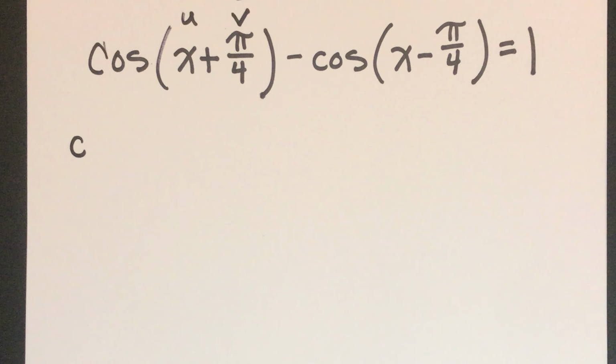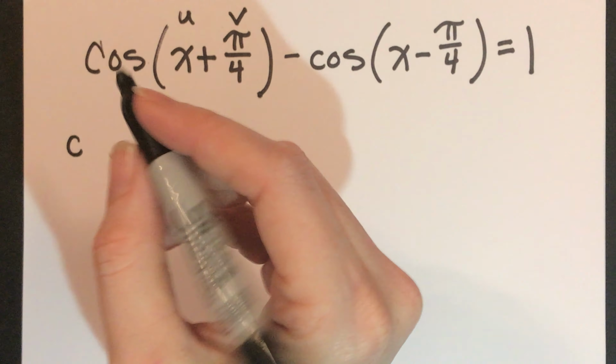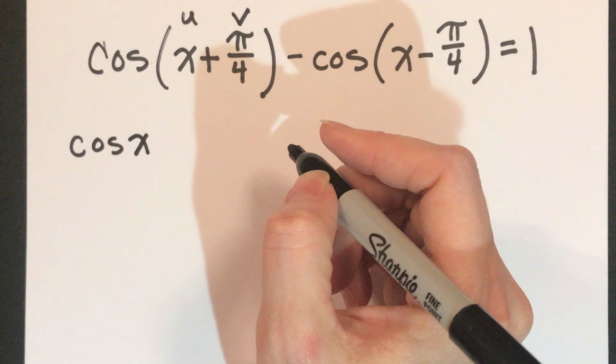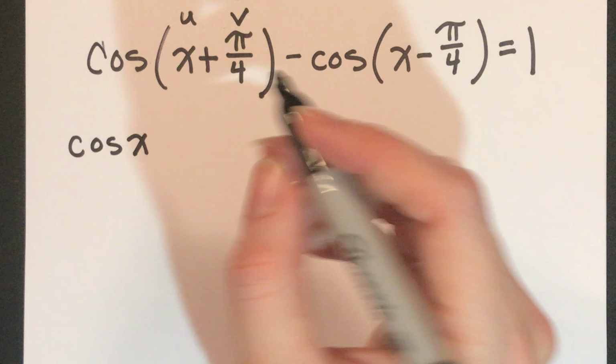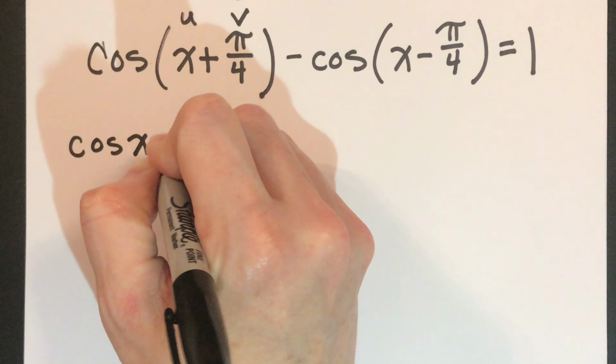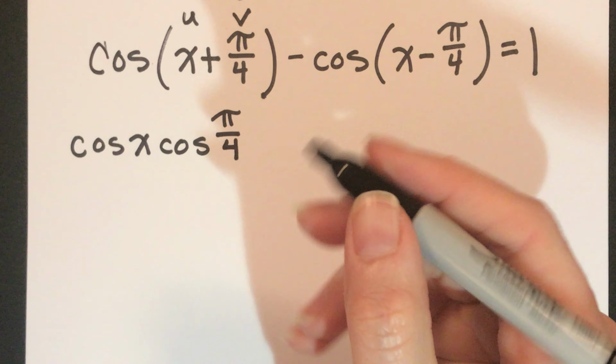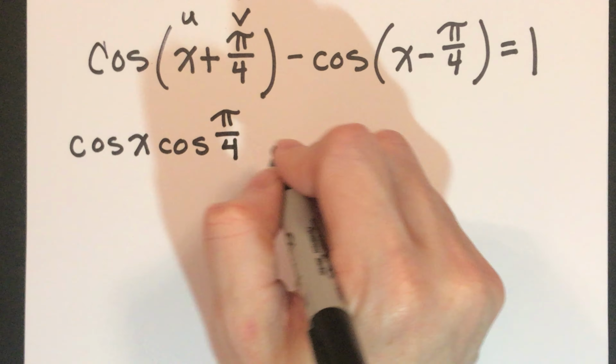cosine, oh, my battery's running low. Hold on. Okay. The cosine of u, which is x, cosine u times the cosine of v minus.